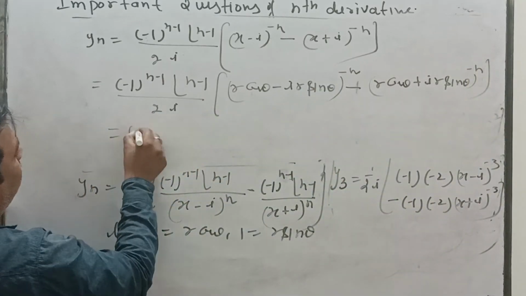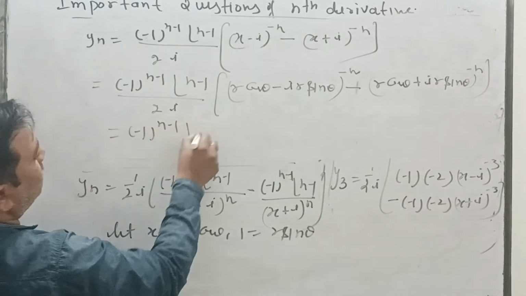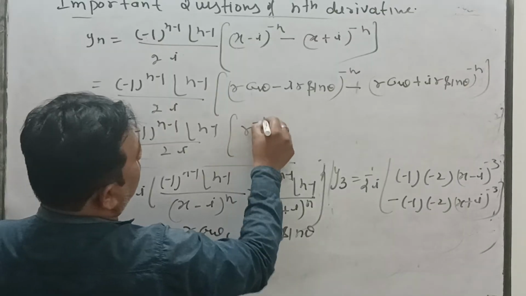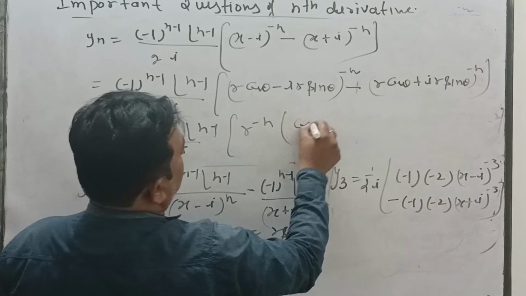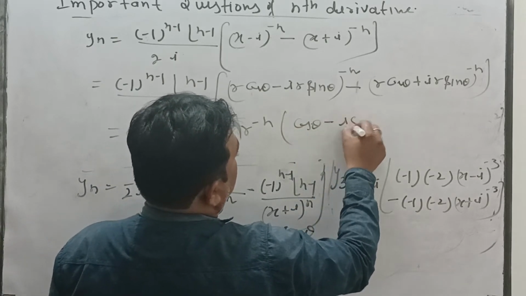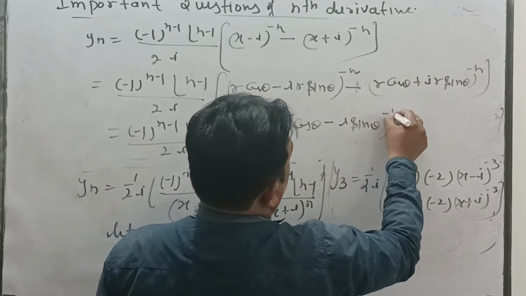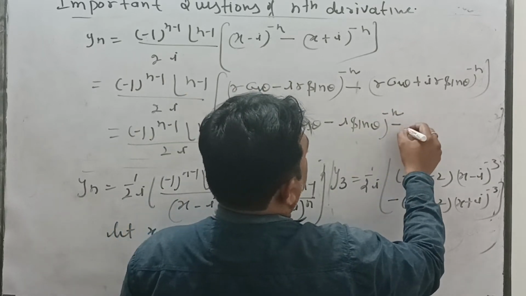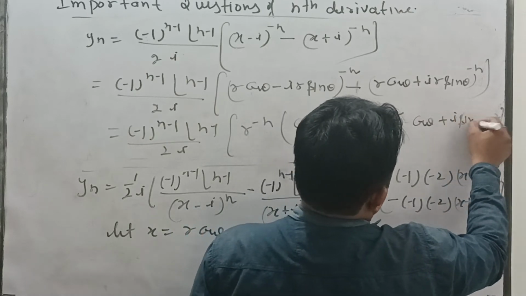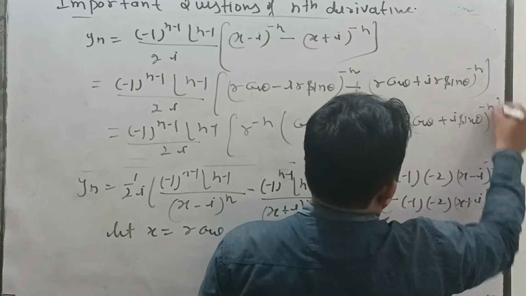Taking out r to the power minus n: [(cos theta minus i sin theta) to the power minus n minus (cos theta plus i sin theta) to the power minus n].